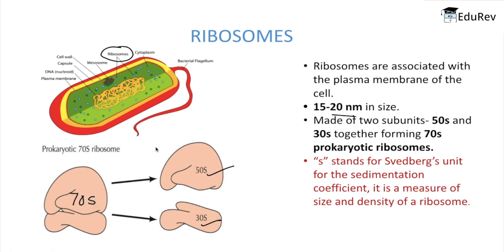This is a very important point for you to remember about the subunits of the prokaryotic ribosomes. The S stands for Svedberg unit, that is the sedimentation coefficient, and it is a measure of the size and density of each ribosome.